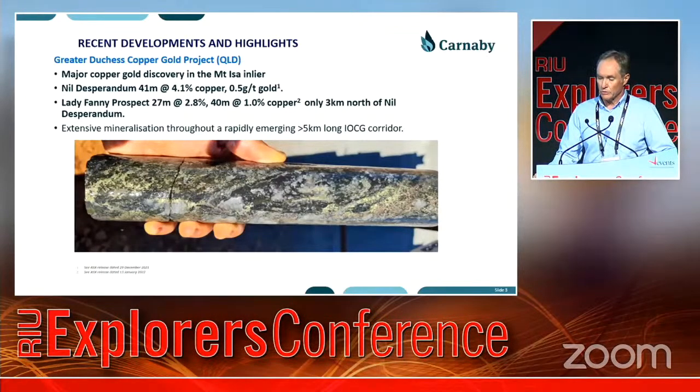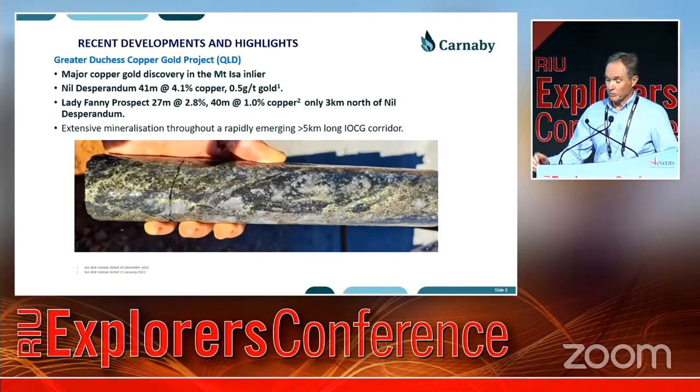This was soon after we announced results from what we see as almost as good a project, 3 kilometres north at Lady Fannie, where we intersected 27 metres at 2.8, 40 metres at 1.4 metres at 1 was from surface. This is showing strong zones over 400 metre strike length coming to surface. And the results, together with the other work we're doing, have been showing an emerging IOCG corridor over 5 kilometres in length.